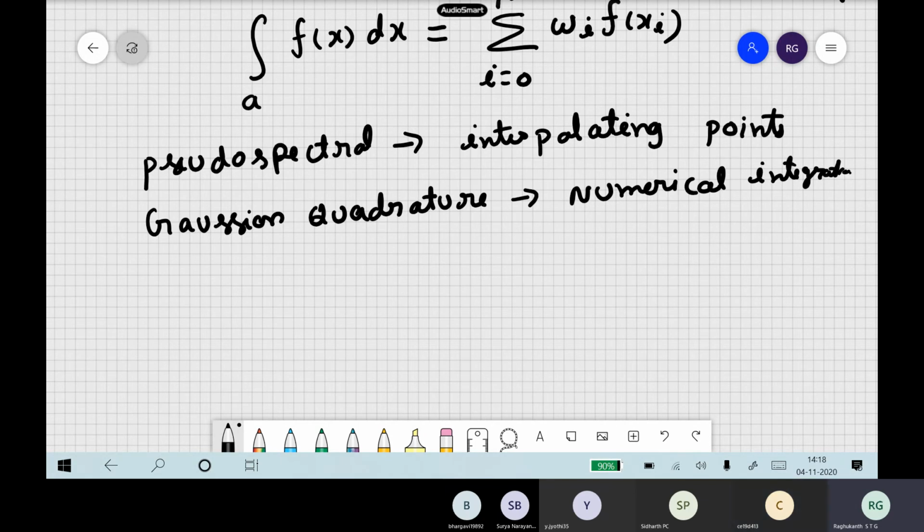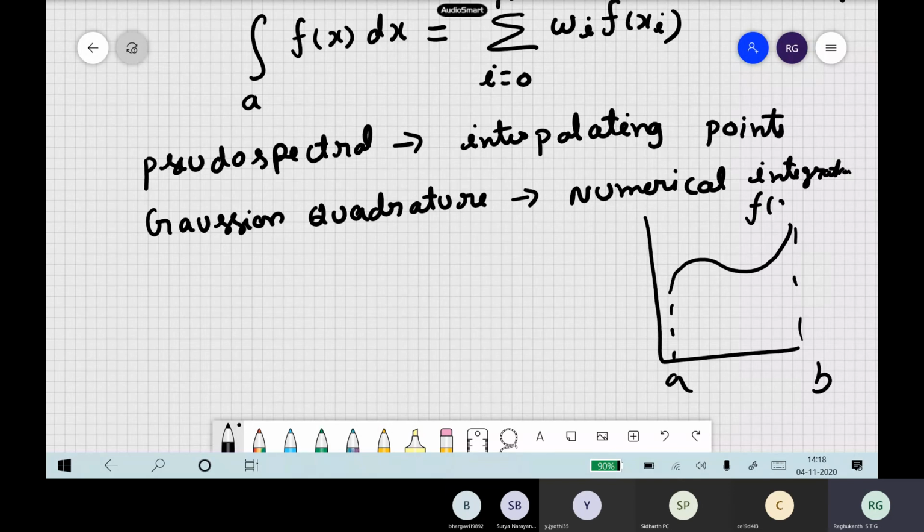If I have any function and I have to find the area under this function, let us say this is a and this is b. How many ways are there? What do you generally follow? You can use the trapezoidal rule. In the trapezoidal rule, what do you try to do?